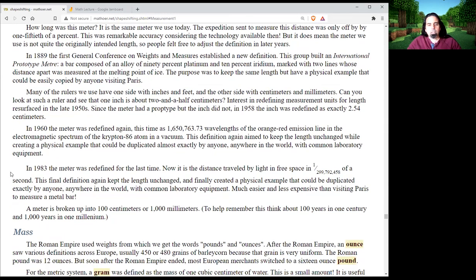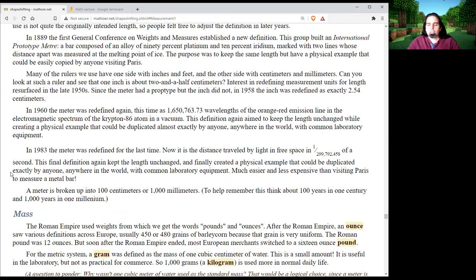Then in 1960, the meter was redefined. By this time, technology had advanced enough that scientists all over could build a certain kind of laser. So they defined the meter to be 1,650,763.73 wavelengths of a certain kind of light.